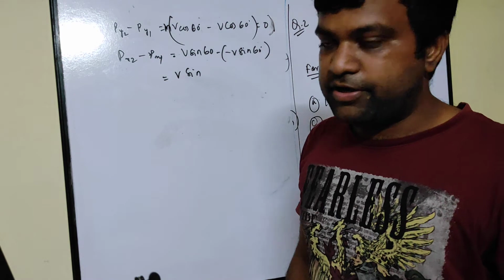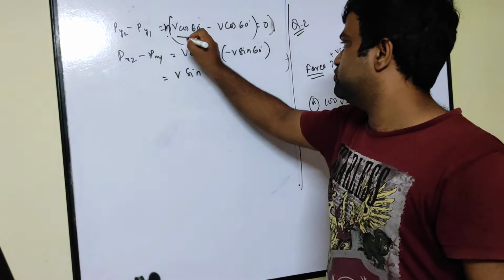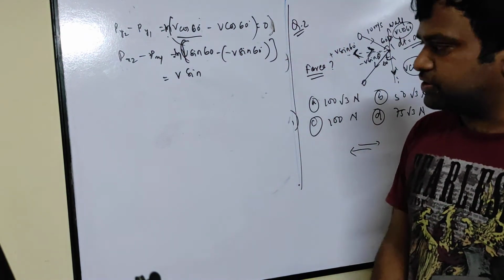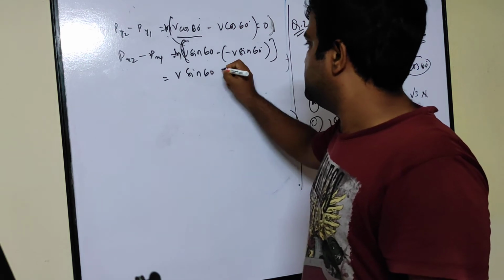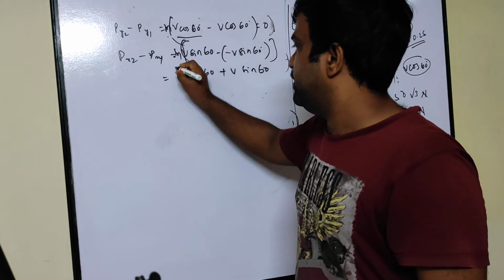Mass will be multiplied here, because we are calculating momentum, so mv, and mass will be there. Here also one mass will be there, right? Mass of the object is m. So v sin 60, this is also v sin 60, and m is here.